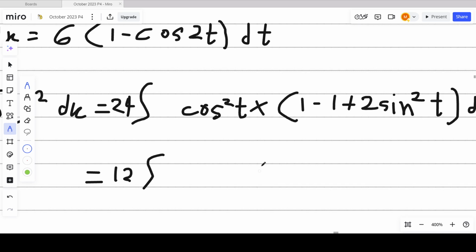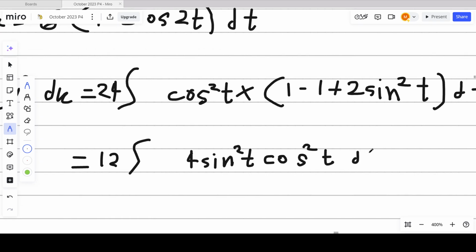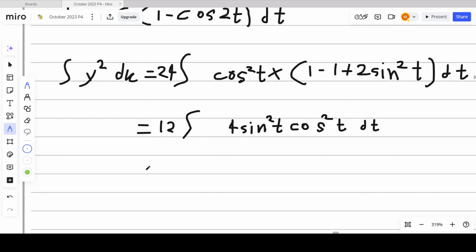Since cos squared t is there, 2 times 2 is 4 sin squared t cos squared t, because we know that 2 sin t cos t is sin 2t.